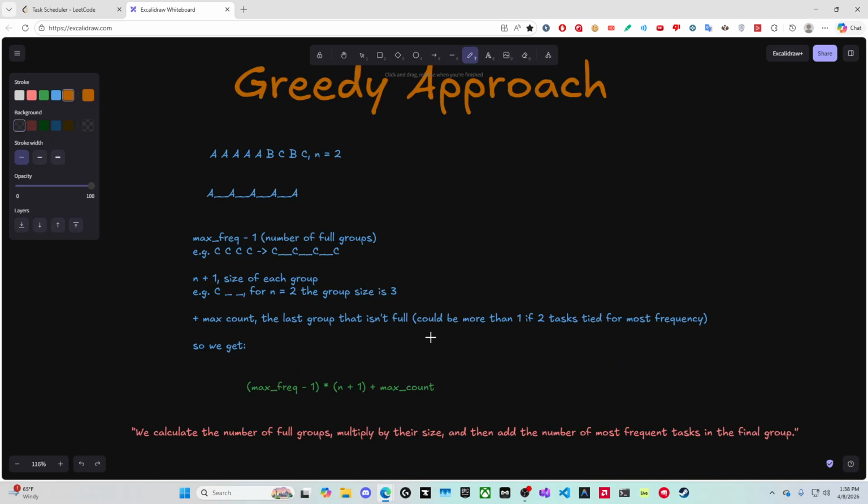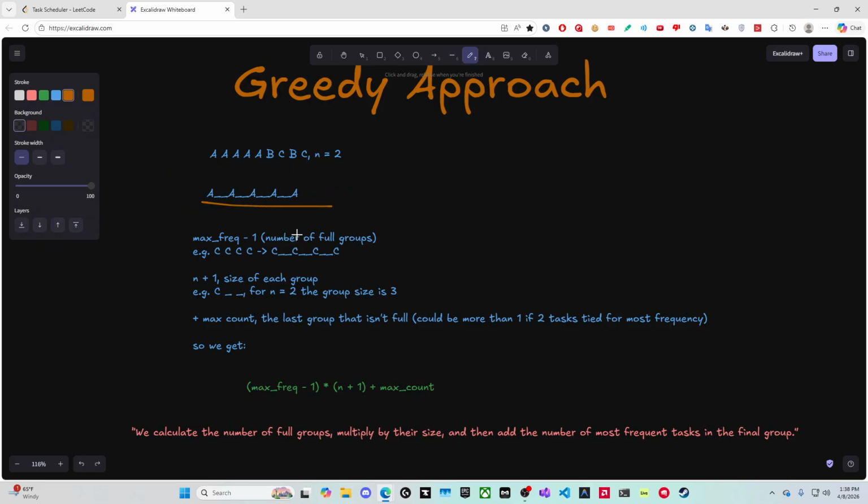So this is basically our formula, given this, right? Because what we're really doing is we're counting how many groups there are, what is the size, and basically what is left over, okay? And that's basically how we're counting how many CPU intervals we have, because we're laying it out like this, right? Like I said, we're using the most frequent characters.